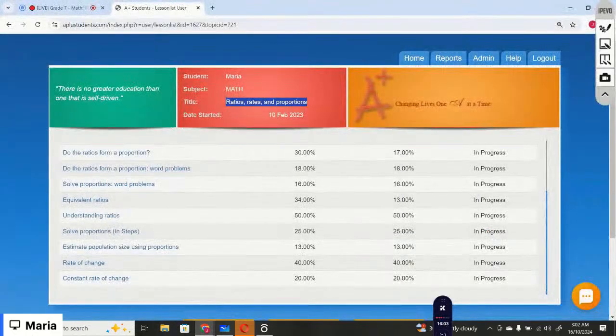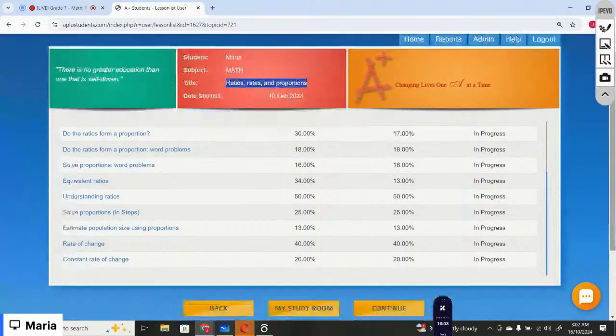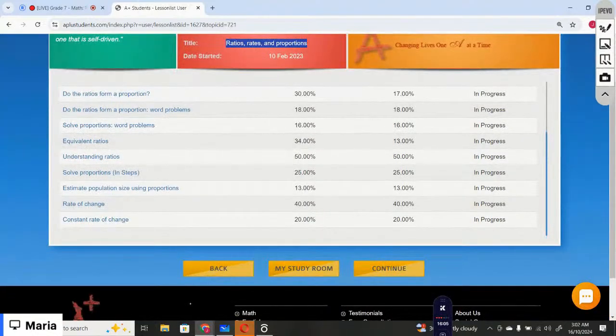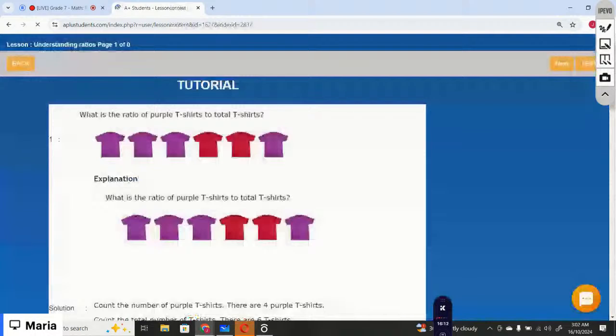Here I am on the grade 7 math. The chapter we're on right now is ratio, rates, and proportions. Let's just start with the lesson that is understanding ratios. So let's just start with the example. What is the ratio of purple t-shirts to total t-shirts?